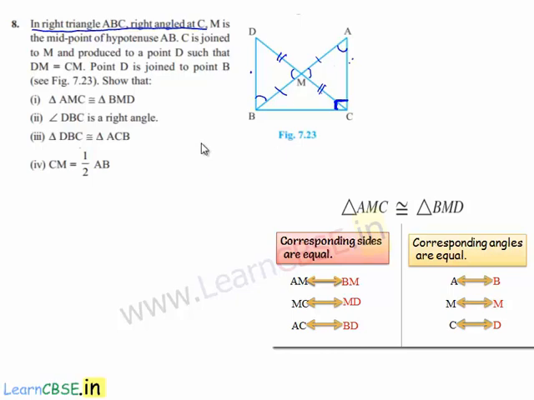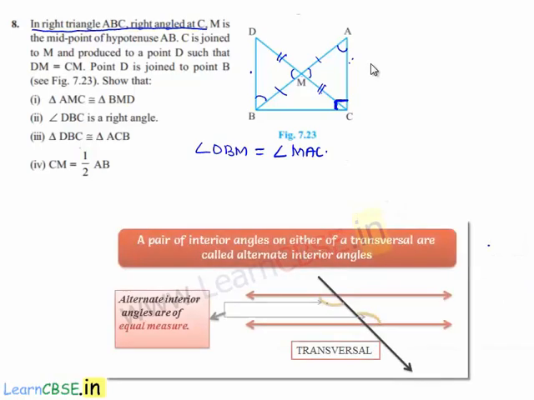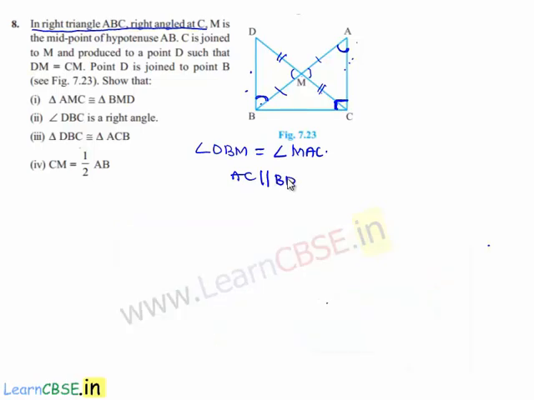That is, angle DBM is equal to angle MAC. If we observe the angles, the two angles lie alternate interior to the lines AC and BD, with AB as transversal. So we can say that line segment AC is parallel to BD. Now, let us prove the second proof.